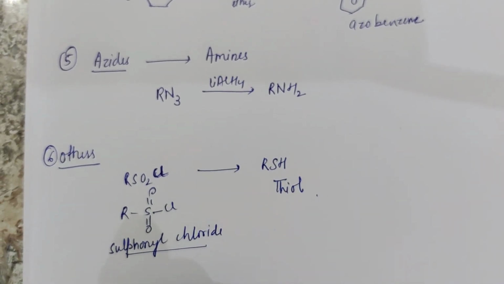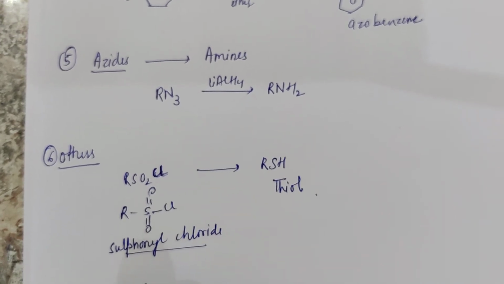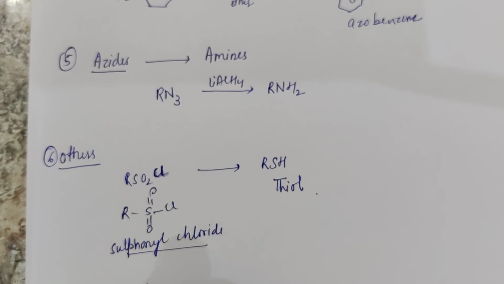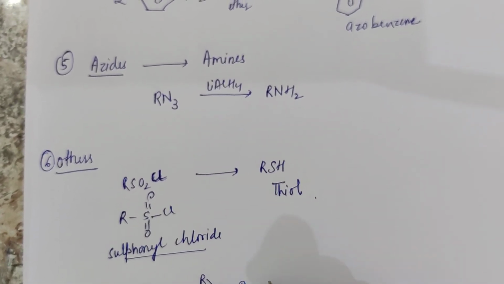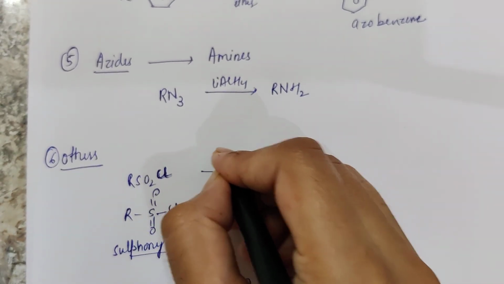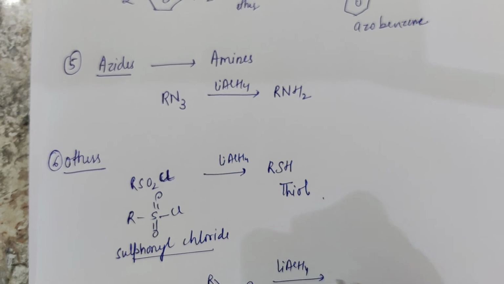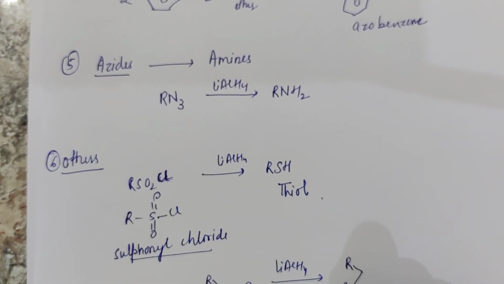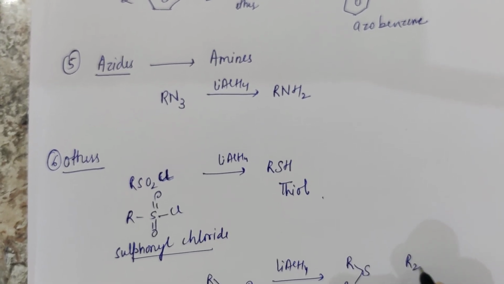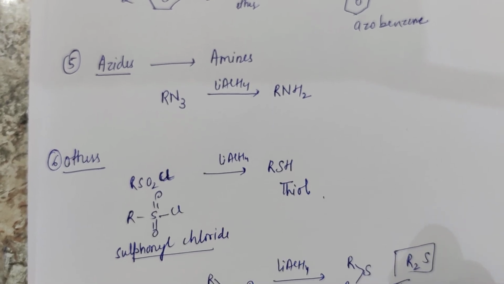Similarly, sulfoxide, R2SO. This on treatment with lithium aluminium hydride gives us thioether, or you can write R2S. This is thioether.